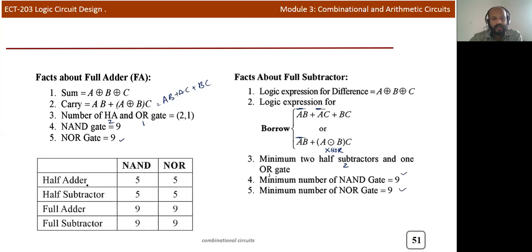So finally we can conclude the NAND gates required to implement half adder is 5. Half subtractor is also 5 by using NAND or NOR. Full adder and full subtractor use 9 gates. Okay, it's all about the implementation of half adder, full adder, and half subtractor by using NAND gate and NOR gate. One thing, you need to expand the equation, and you can prove all these circuits.